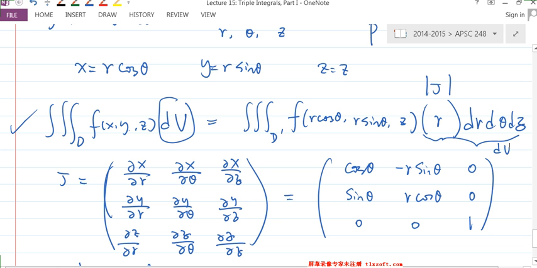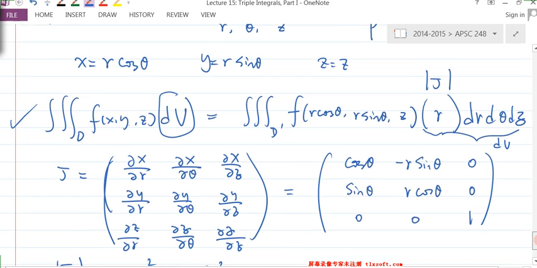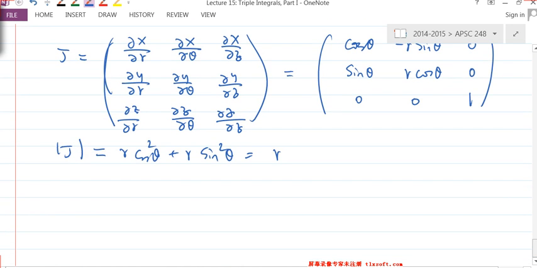So that's basically what you're going to see in terms of the cylindrical coordinates. Now, let me ask you a very short question. If r equals 2, what does this represent in 3D space?